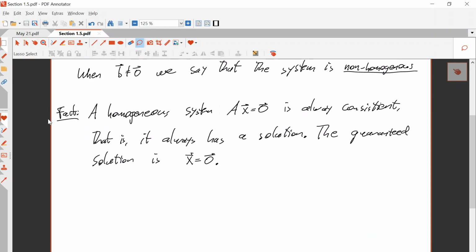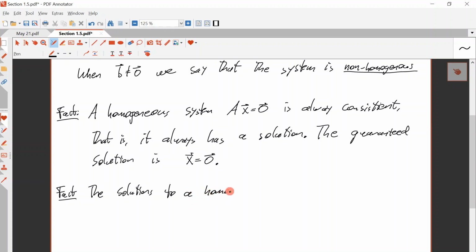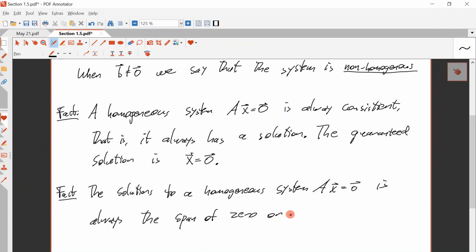Second fact. The solution to a homogeneous system is always the span of 0 or more vectors. The span of 0 vectors is just 0 itself.